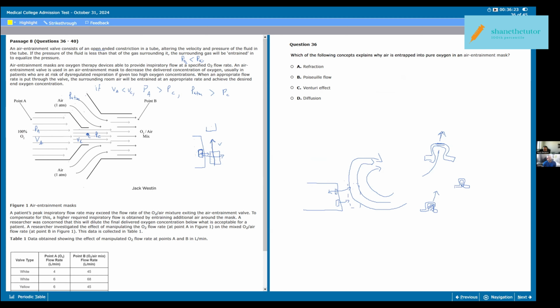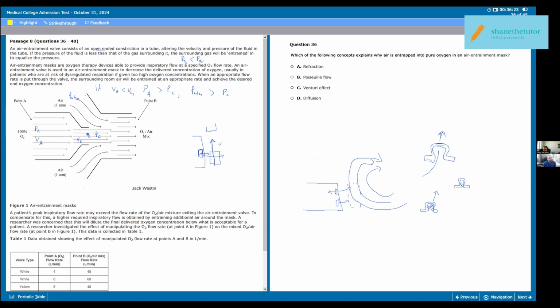Once you introduce viscosity, you're starting to get into the real fluid realm, and that's where you'll see the Poiseuille flow or the Poiseuille-like equation.